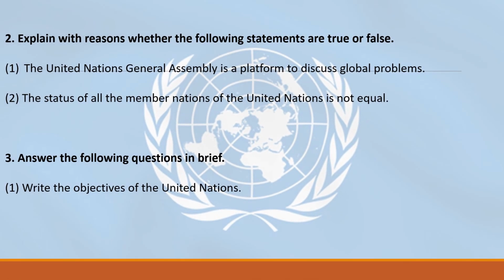Question number 2. Explain with reason whether the following statements are true or false. First one: the United Nations General Assembly is a platform to discuss global problems. The given statement is true, as we have studied that every year the General Assembly meets in its session.